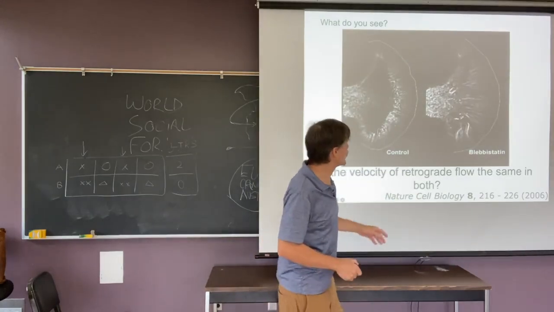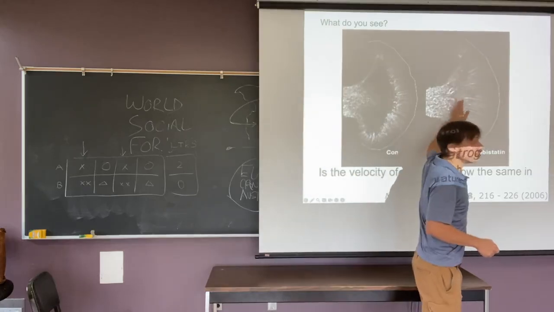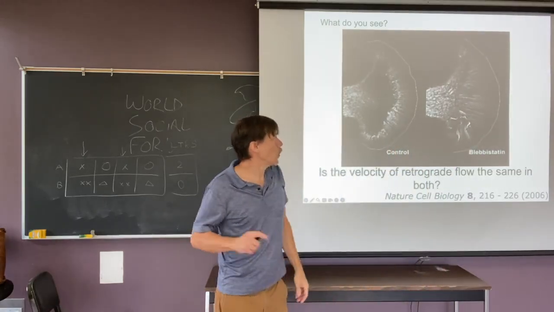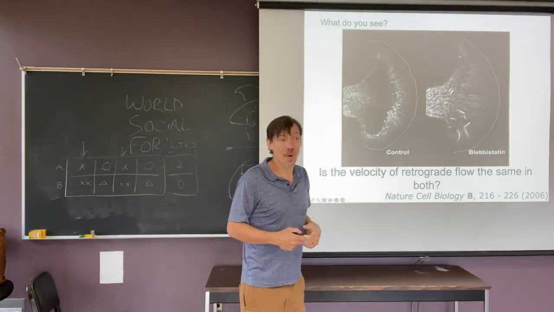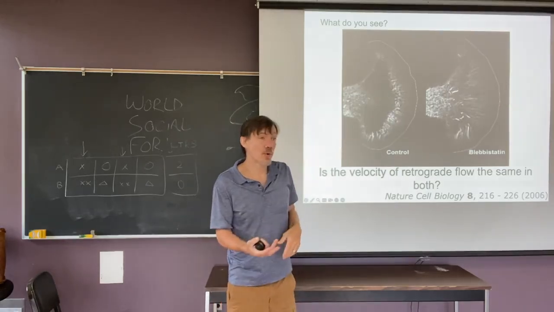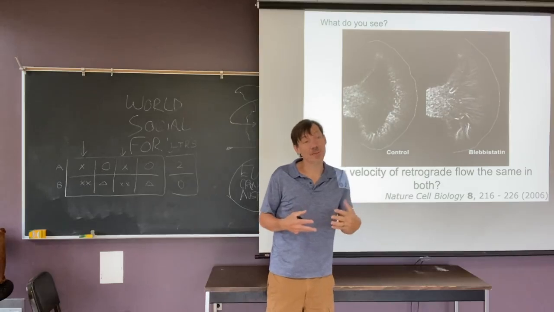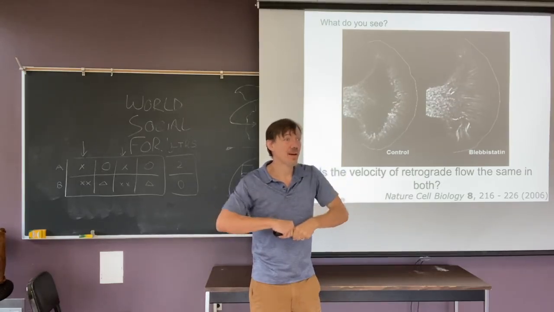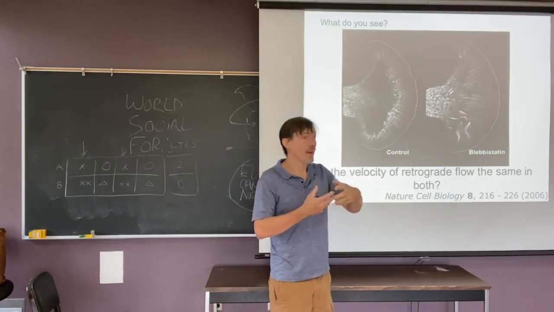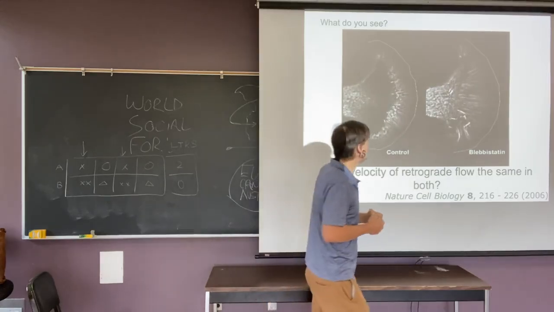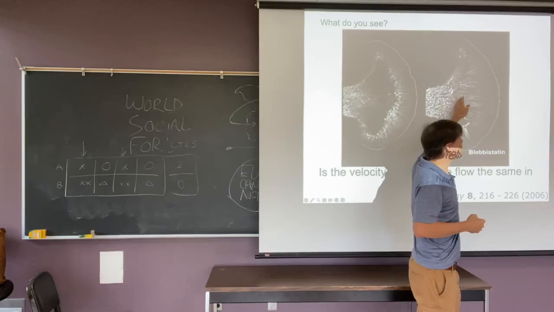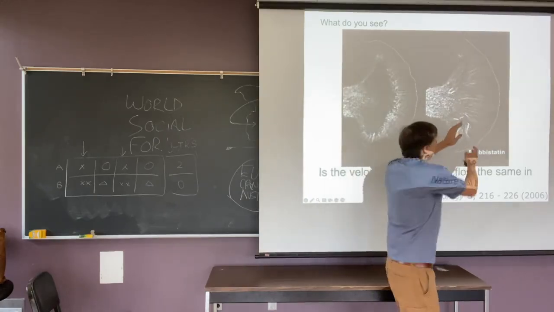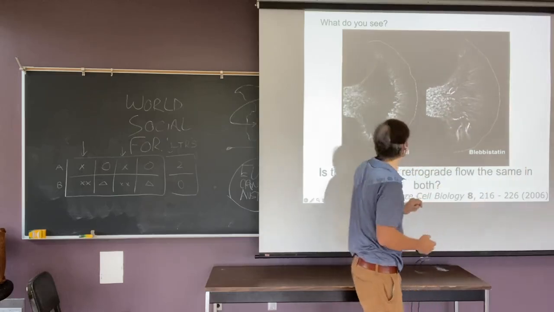But you're also right. There's this big change in the length of the actin filaments. We won't talk about that so much, but it turns out that one of the things myosin is doing is breaking apart actin filaments. So when myosin 2 is being inhibited, there's less disassembly of actin, or it's happening at a slower rate back here, and you get this expansion in the size of the P domain.